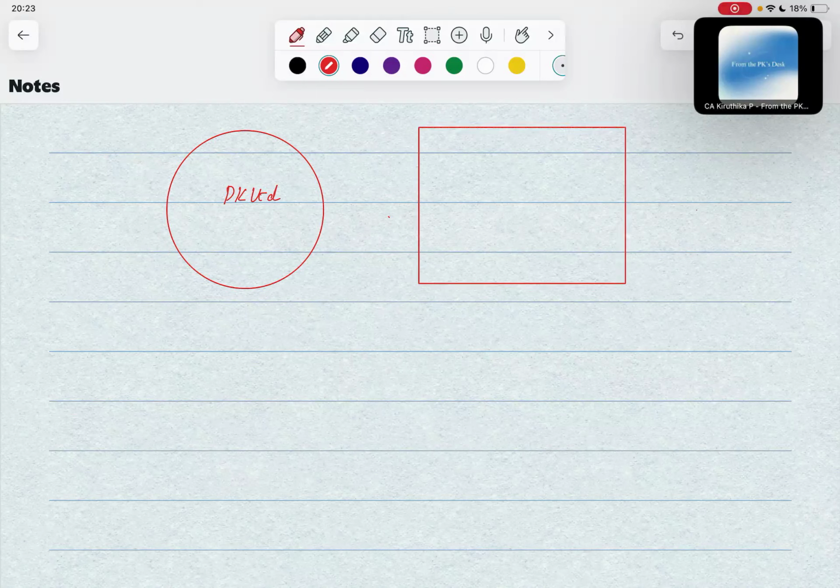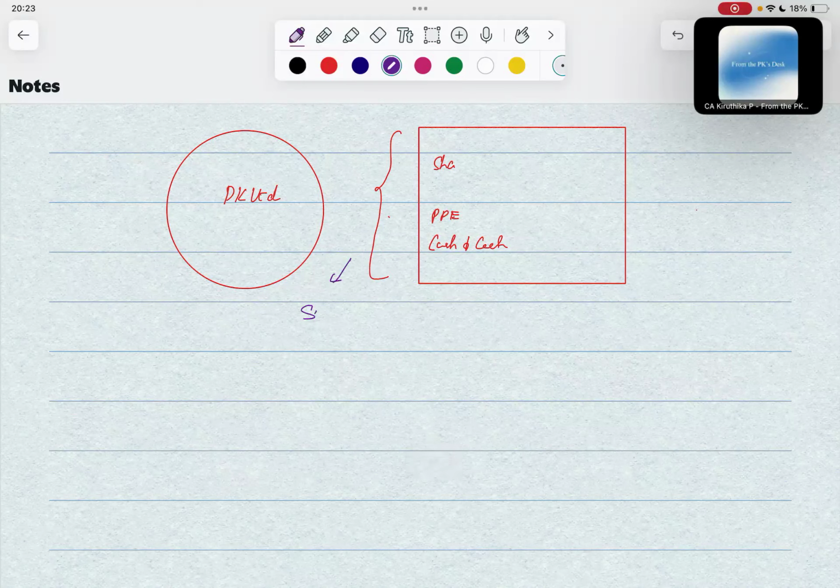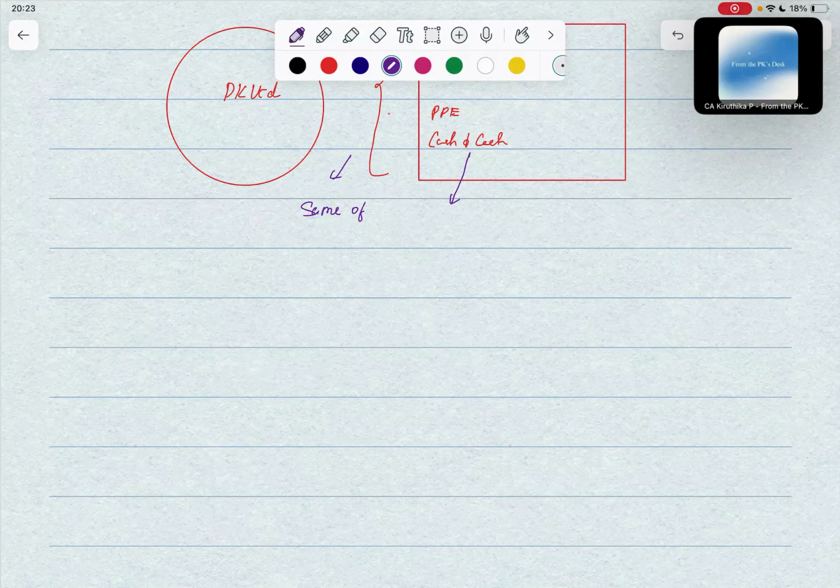We have share capital, we have PPE, we have cash and cash equivalents. Now tell me whether all these areas require the same level of attention when you audit. Let's say you have cash and cash equivalents, and in it you have bank balances in two banks. In that case, the audit procedure here is going to be simple, right?